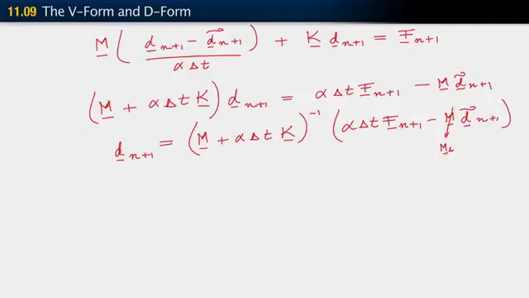If we use the lumped mass here, there are fewer operations to form the right-hand side. But the actual equation solving effort in the two methods, the V method and the D method, is the same.